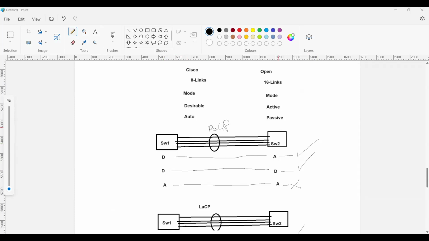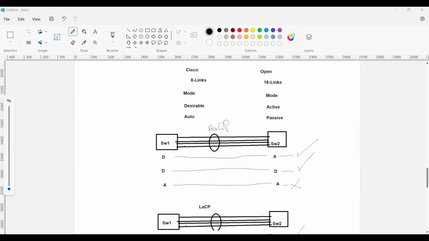Whenever we configure desirable, EtherChannel will be formed. Whenever both sides are auto, it will not be formed. These are the three cases.